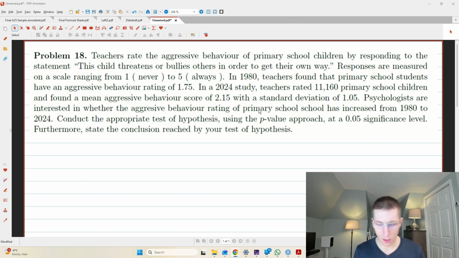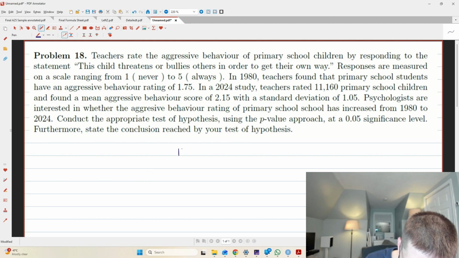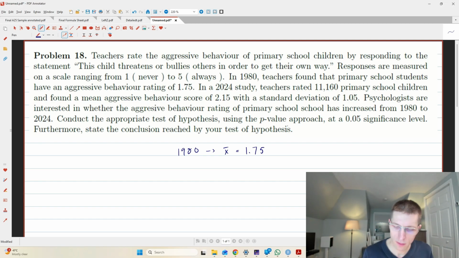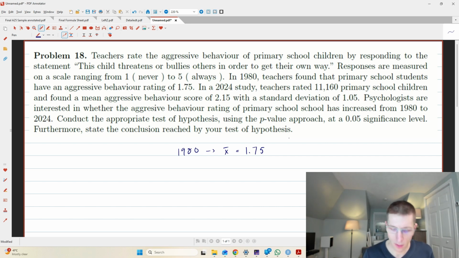So we don't really have much information for the 1980 data. We only are told X bar is 1.75. And so there's no sample size, no standard deviation associated with that number.